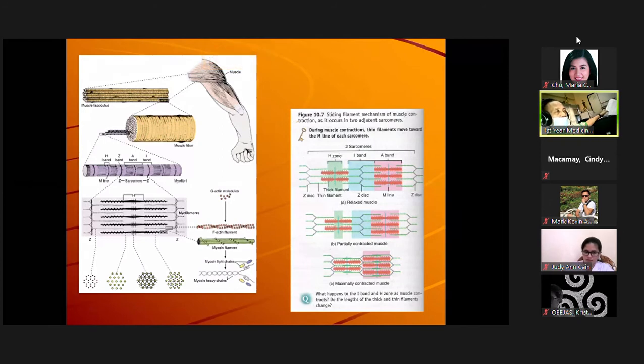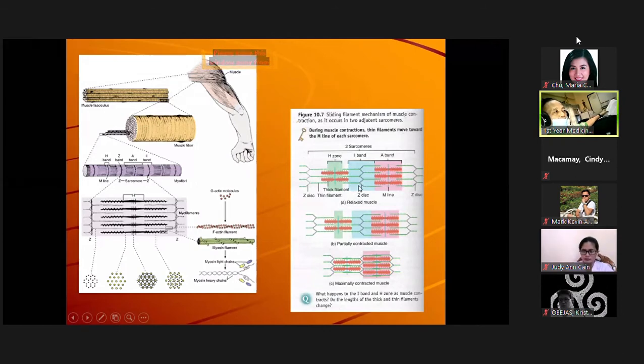Anyway, this is only a review of your physiology. When there is a contraction, this is the relaxed muscle, one sarcomere to another sarcomere. First you have the relaxed state.